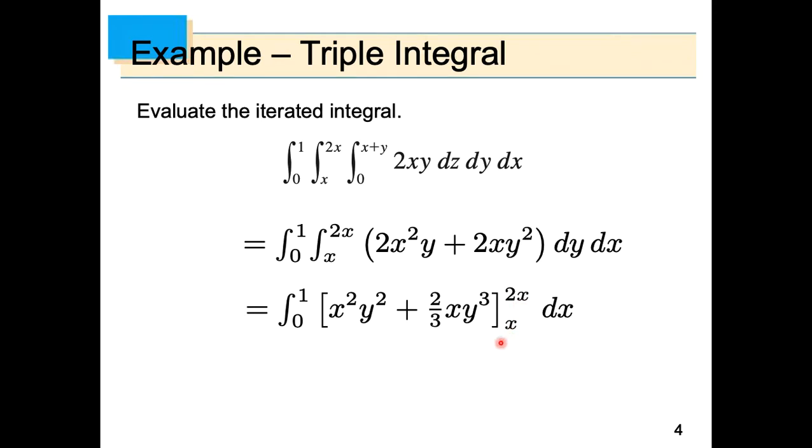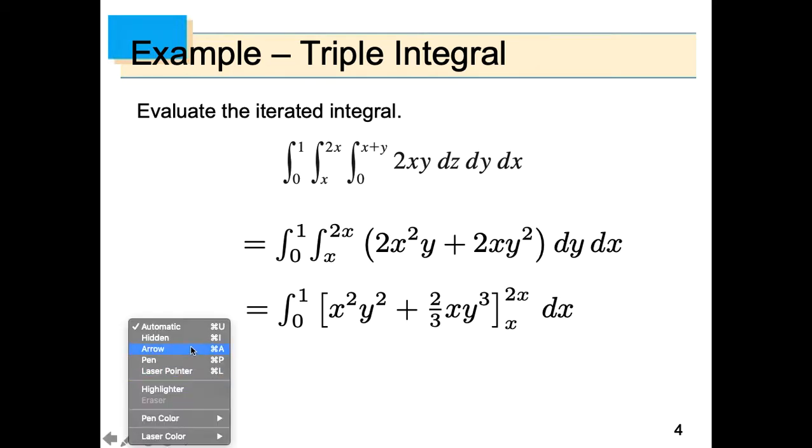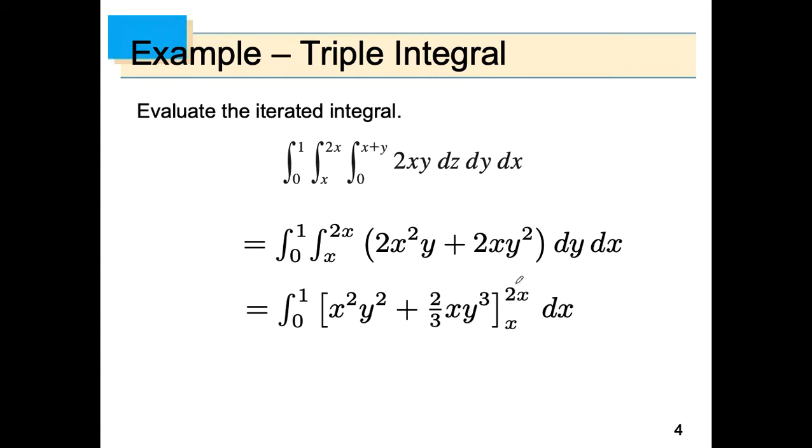Now this is where students mess up. There are so many variables and so many moving parts that students often lose track of what they're supposed to be doing. In this particular case, remember, these are y values. So you're supposed to plug in this value here and this value here wherever you see a y, not the x.